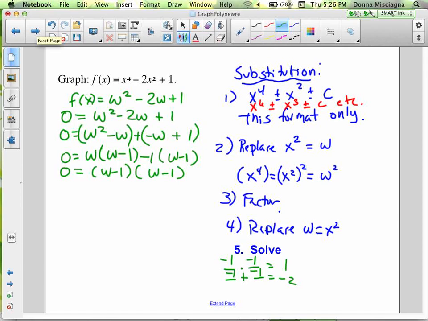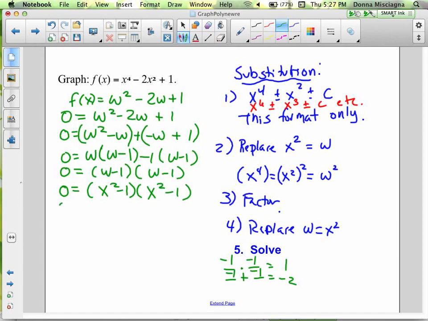And if you said your answer is 1 and 1, you're going to have a very wrong graph. Because remember, we're solving for x, not w. So we need to replace that back. All right, so we're going to take those w's and make them x squared. So now we're going back the other way. All right, so instead of w, now it's x squared again. So I've got x squared minus 1 times x squared minus 1. Right?